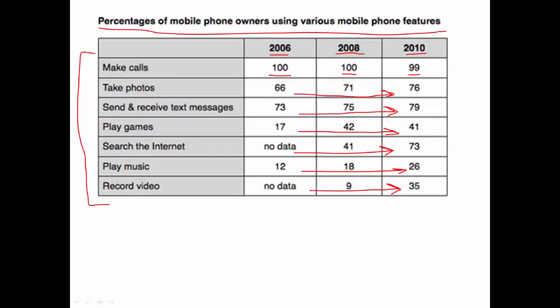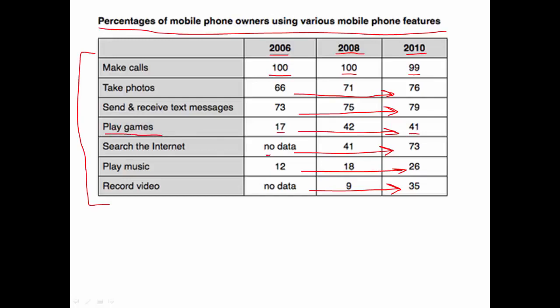So is there anything else that is significant about these numbers? So 66 to 76, that's not really significant. 73 to 79, that's not very significant. 17 to 41, so that's more than double. Okay, so we'll highlight this one.